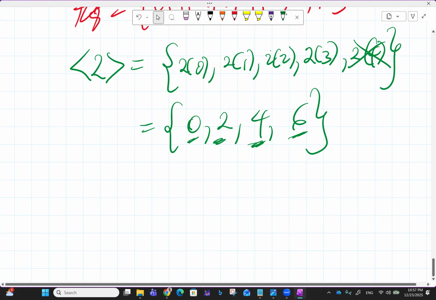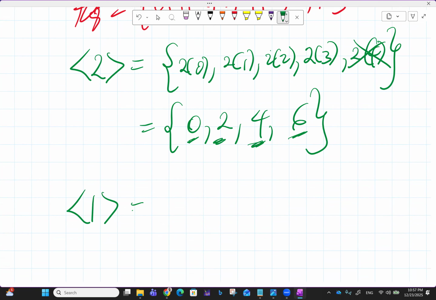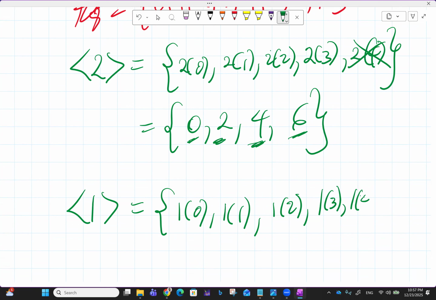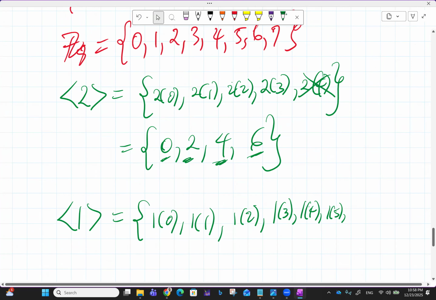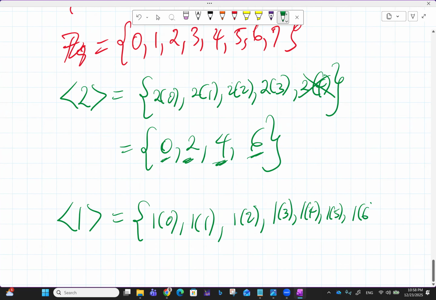But you see, if you do it for 1, you can do everything. 1 times 0, 1 times 1, 1 times 2, 1 times 3, 1 times 4, 1 times 5, 1 times 6, and 1 times 7. We can't do 1 times 8 because that takes us back to 0.